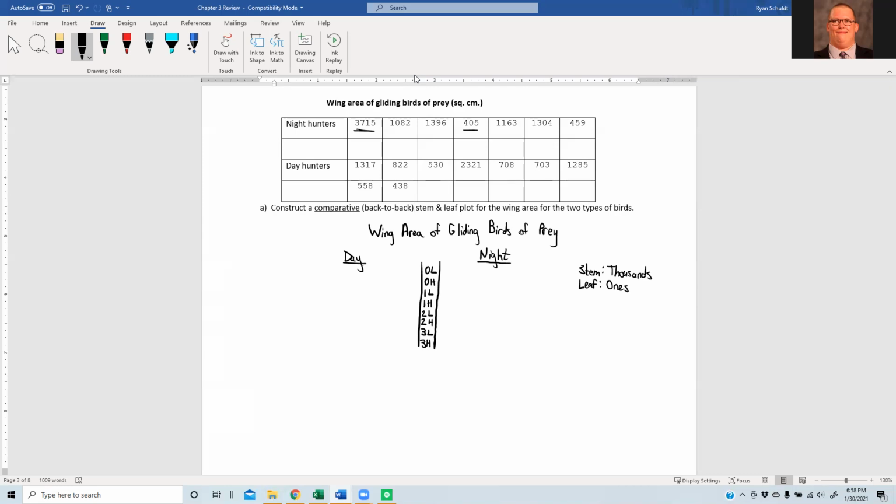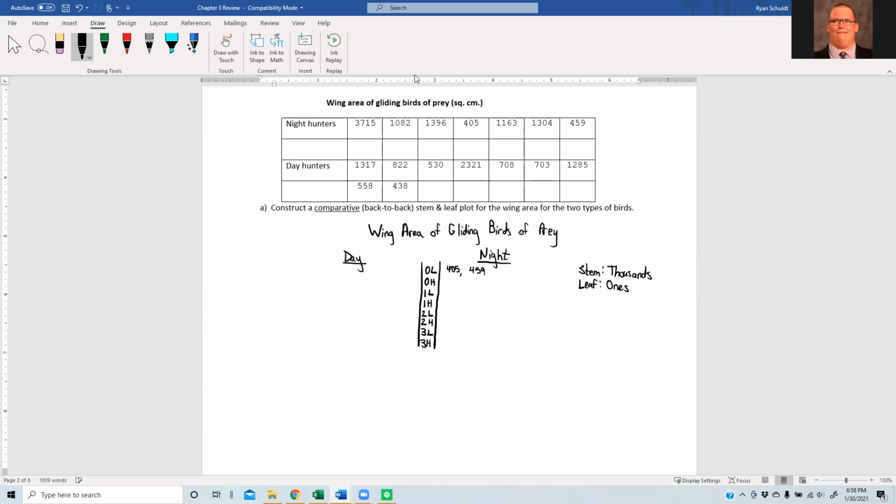Okay, so let's do the night hunters first. Now the low thousands, that's 400 and down. So we're gonna have our 400s for the low. We have 405 and we have 459.